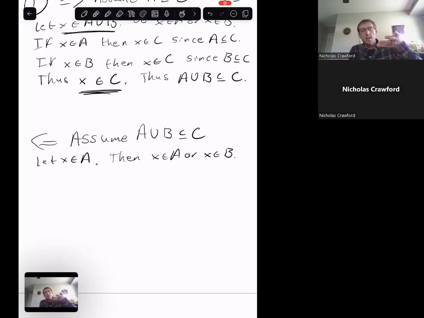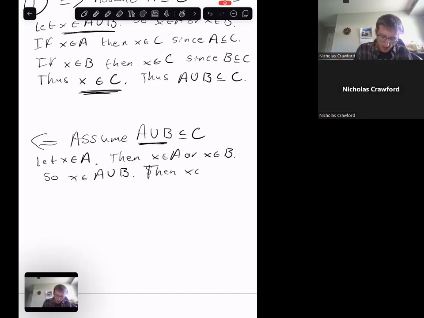If it's in a set, it's in that set or a different set, because this is the inclusive or. So X is in A union B. I haven't done anything super weird yet, but I know A union B is a subset of C. So then X is in C, since A union B is a subset of C.